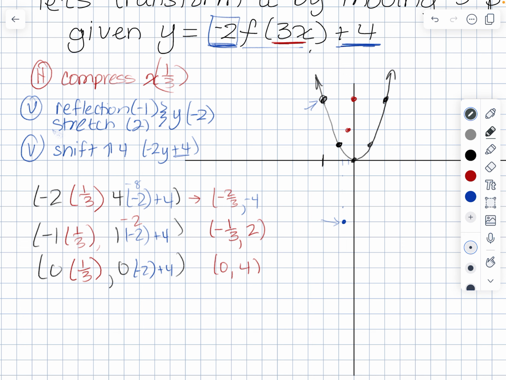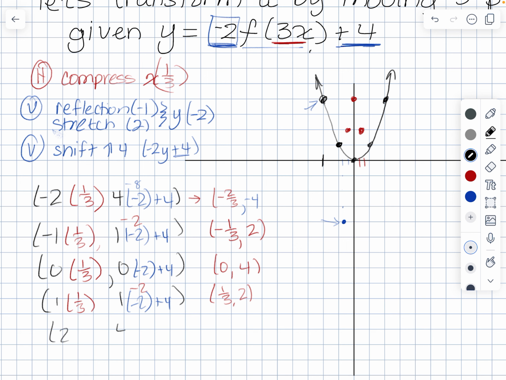Now we have the point 1, 1, and we're going to put it through the transformation. 1/3, and then -2 plus 4, and that's going to get us to the point 1/3, and then -2 plus 4 is 2. So 1/3 up 2. And then we have the last one to do here.